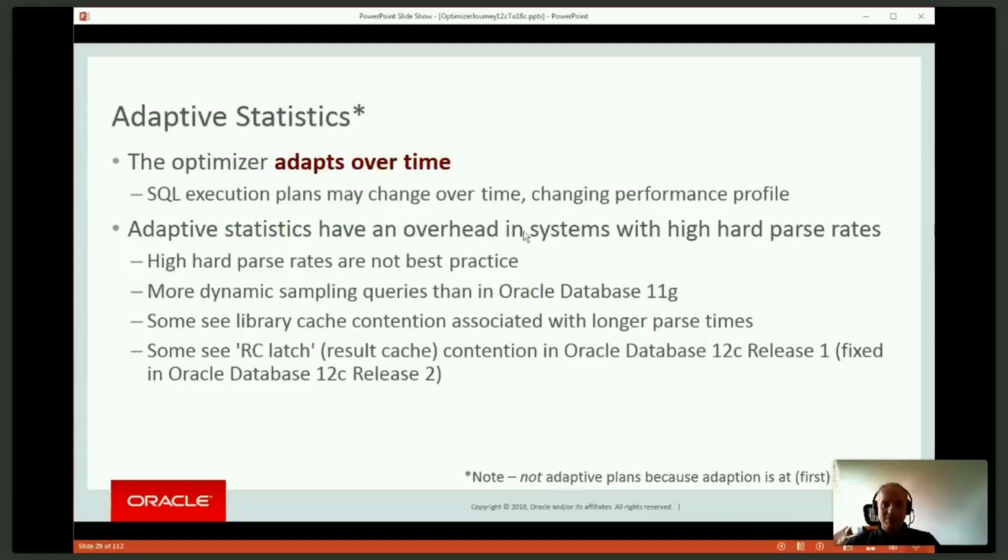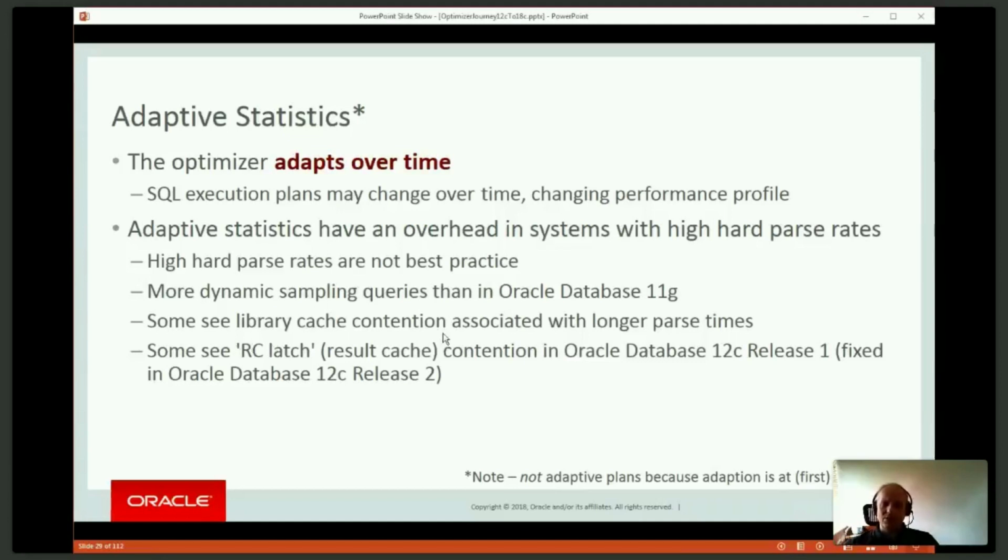So adaptive statistics do have an overhead in systems with very high parse rates. Obviously, hard parse rates are not best practice, but there are definitely systems out there that do that. You know, OLTP style systems where there are a lot of parses, like literals and things like that, where the parse rates are very high. You'll get more dynamic sampling queries.